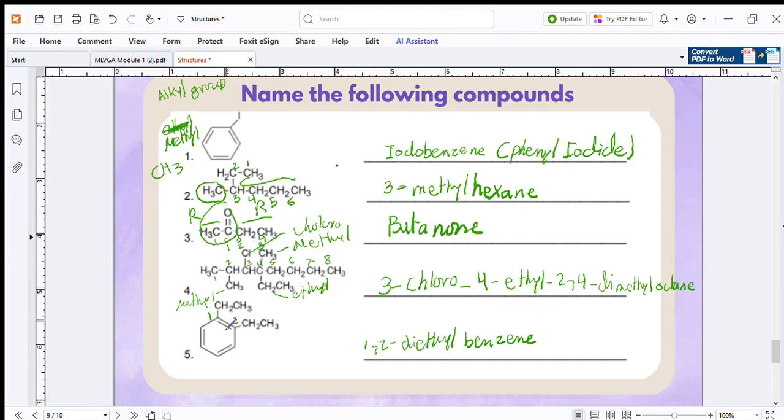So one of its common names is o for ortho, orthodiethylbenzene. That's another common name. So, malinaw lang po. Natapos natin ang 1 to 5.